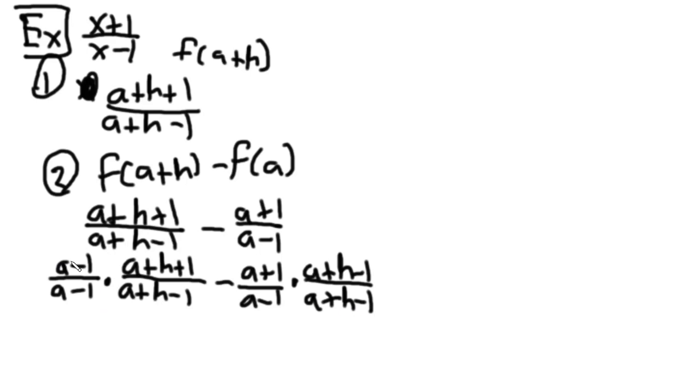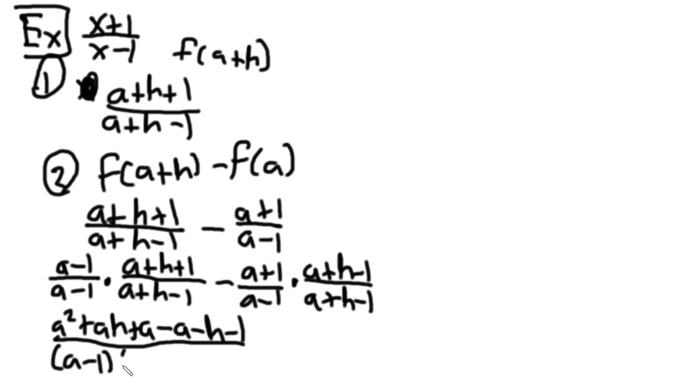Okay, so on top I'll get a squared plus ah plus a minus h minus 1 over, I'm just going to leave the denominator like this for right now, because it's going to be the same over here.